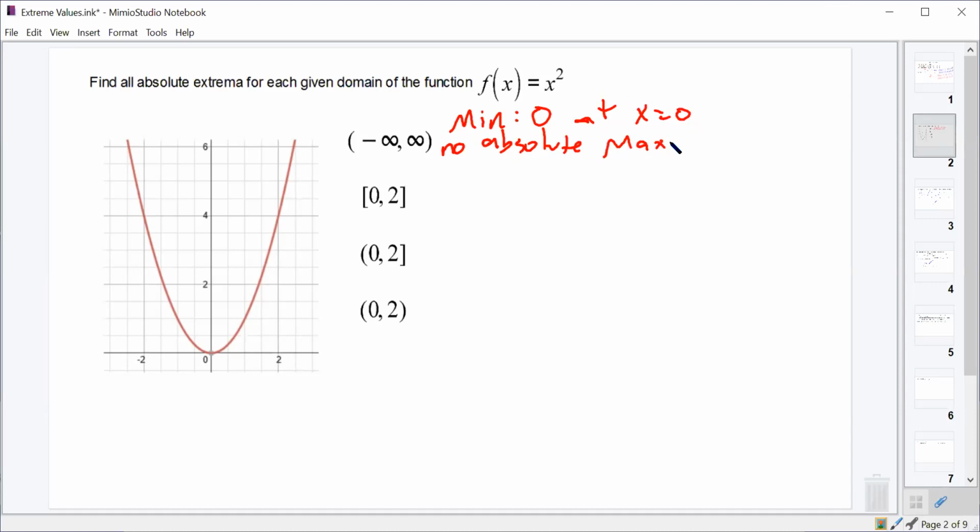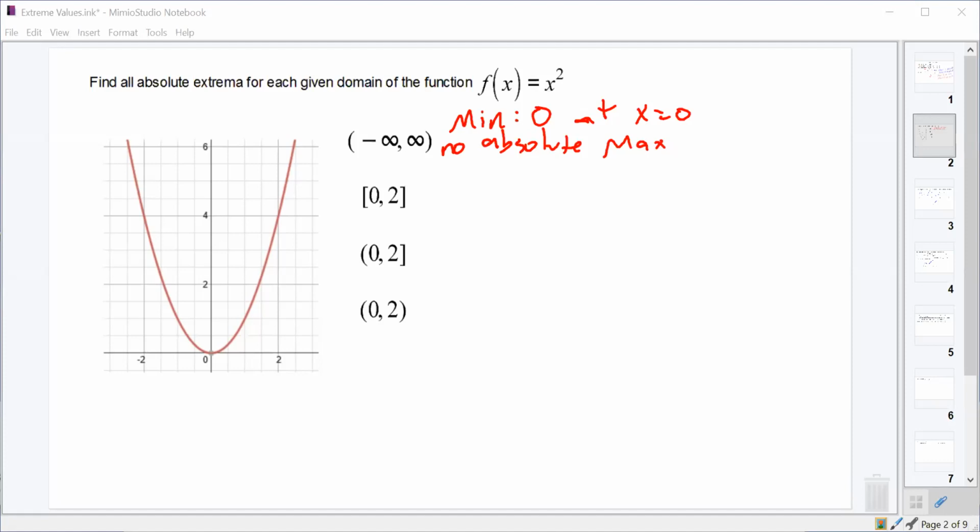And just saying that there is none doesn't necessarily indicate that it's going towards infinity, but we'll talk about that more later. So, everybody good with that? Yep.